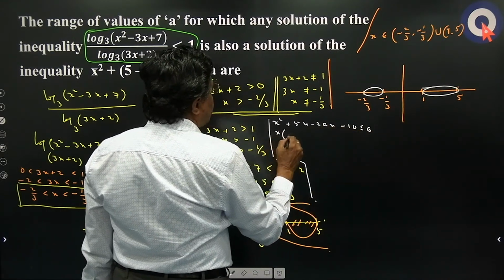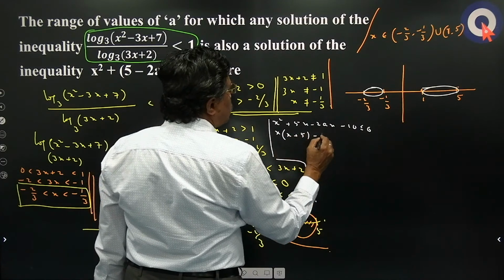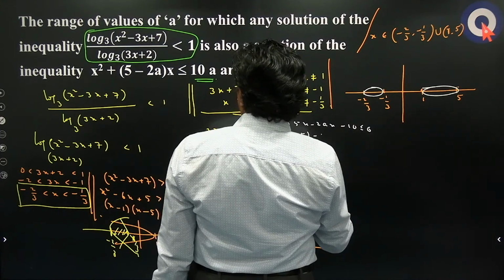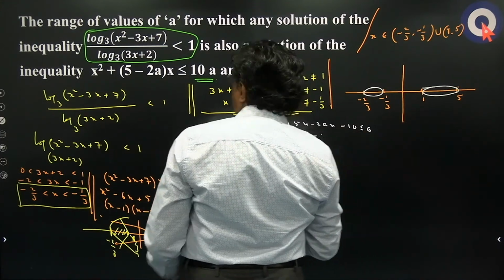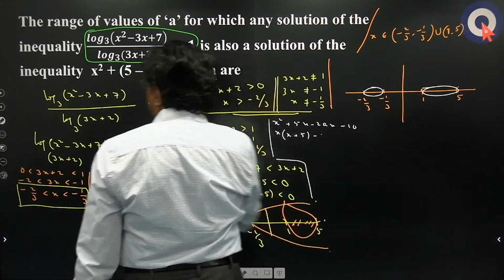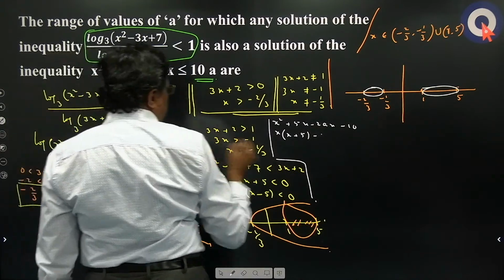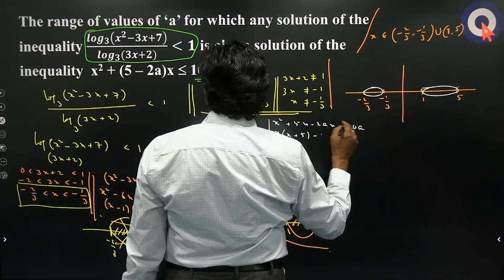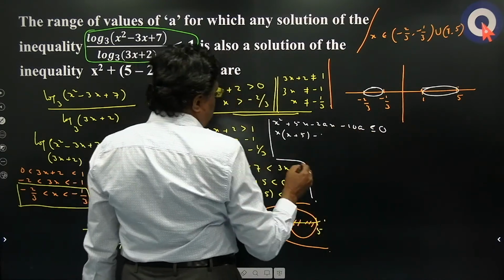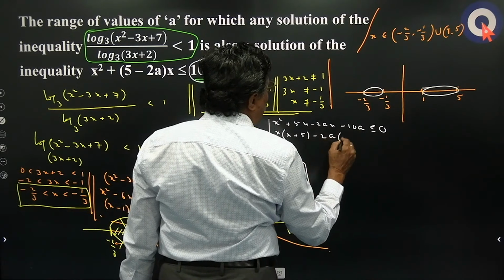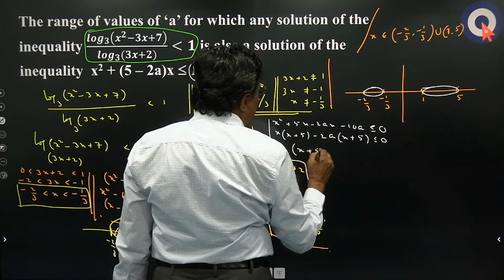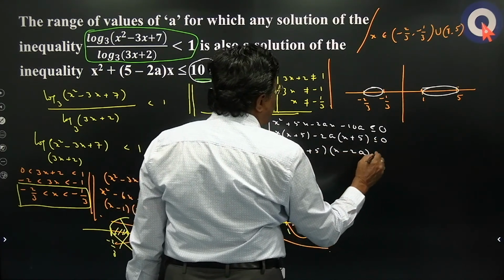We can see x into (x plus 5) minus 2a into (x plus 5) is less than or equal to 0. So we have (x plus 5) into (x minus 2a) has to be less than or equal to 0.